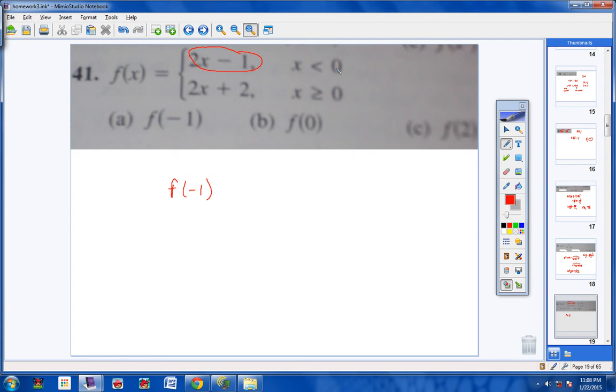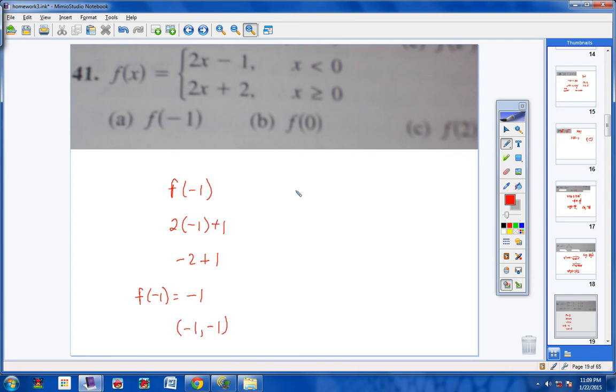Well, negative 1 fits here. So I'm going to put negative 1 right here for this x. So 2 parentheses negative 1 plus 1, negative 2 plus 1, negative 1. So f of negative 1 equals negative 1, or you can say negative 1 comma negative 1.